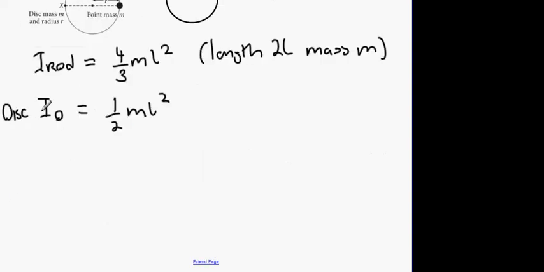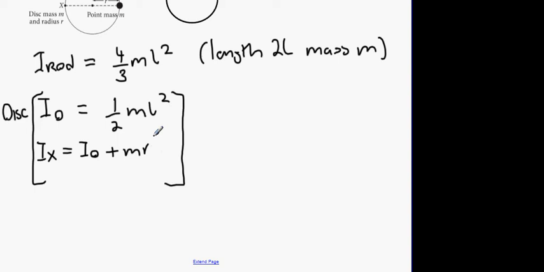We want to find the inertia of the disc around X. So I of X for the disc is going to be I0 plus the mass multiplied by the distance away from the axis, so plus mr squared, or md squared.